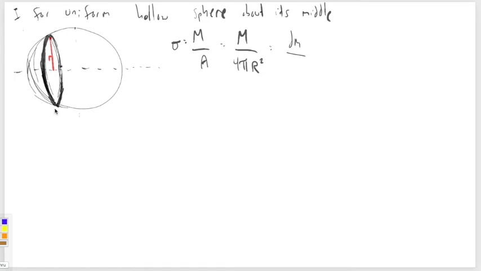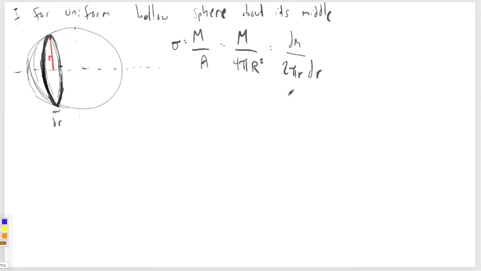And I'm going to say that this width right here is dr, some little tiny piece of r. So therefore, its area is going to be length times width. Its length would be 2 pi little r, and its width would be dr.